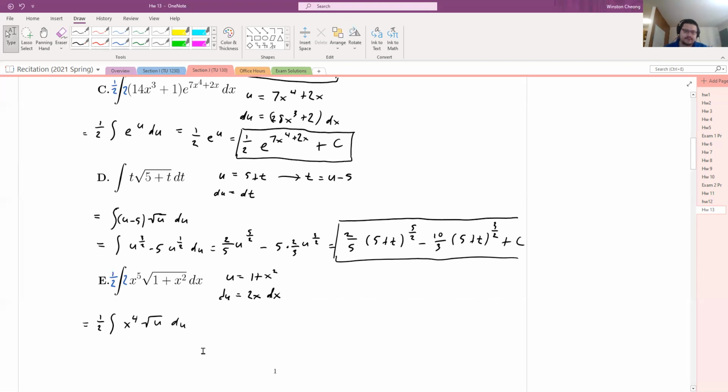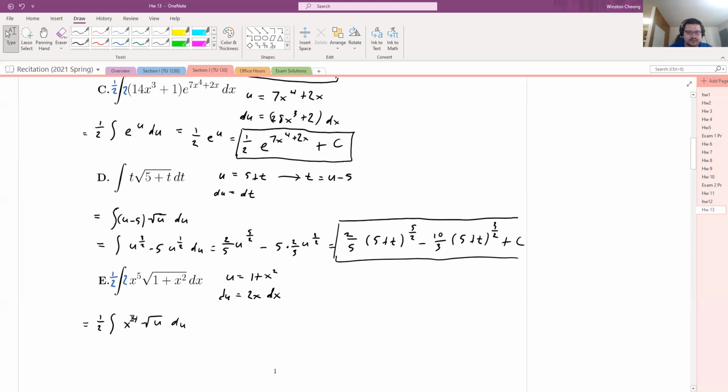Now, the thing I'll say about this is that this is very improper, the way that this is written. You'll never see this in a textbook where it has two different variables. This is a hybrid between being an integral in the x world and being an integral in the u world. It's very wrong to write this, but I think it's illustrative of what we're trying to do.